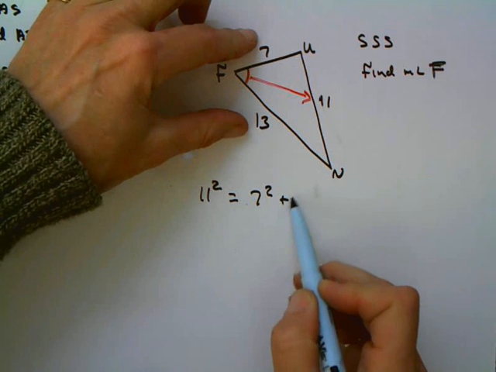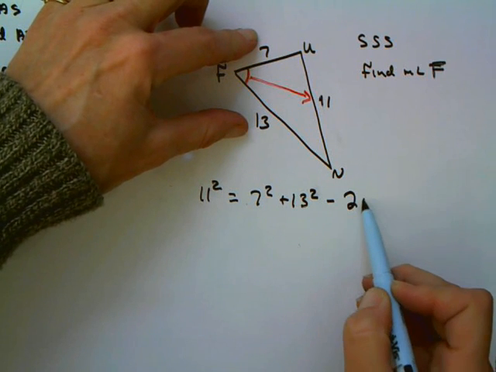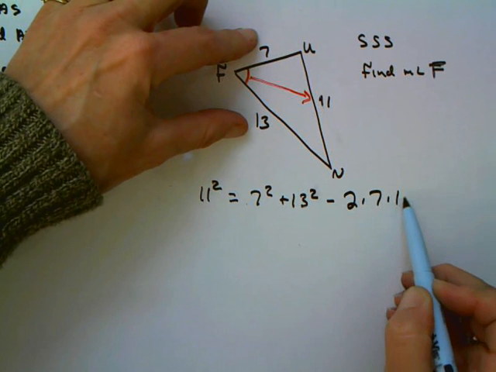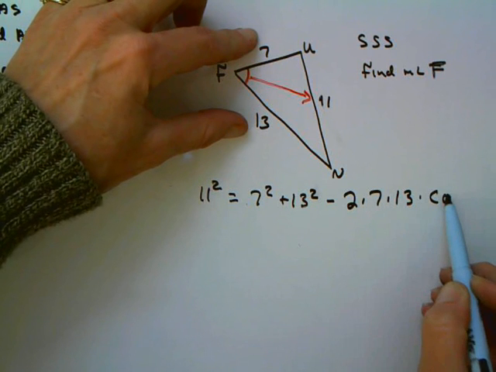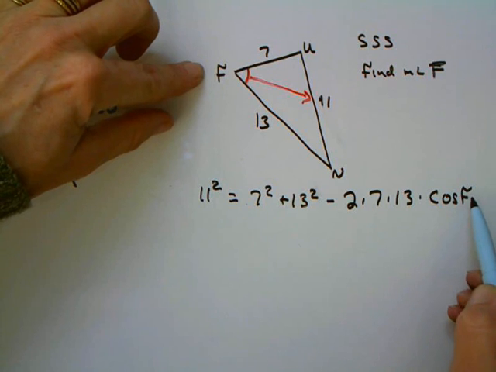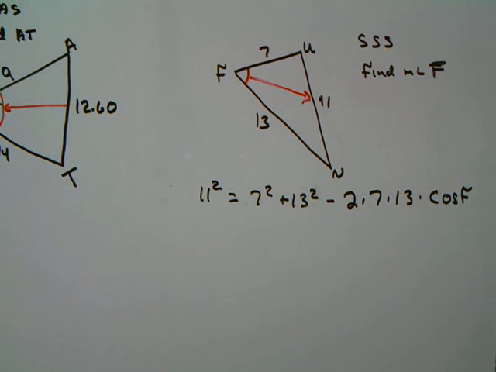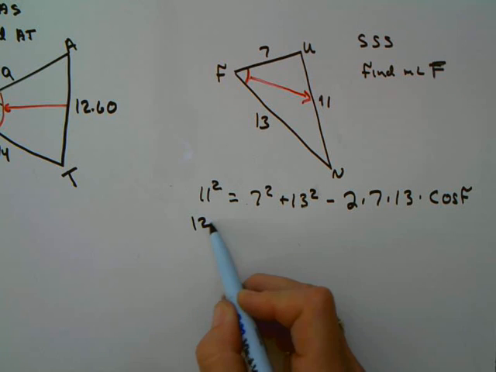The other two sides, 7 squared plus 13 squared minus 2 times 7 times 13 times the cosine of F, because it's across from the 11. This you have to actually work out.